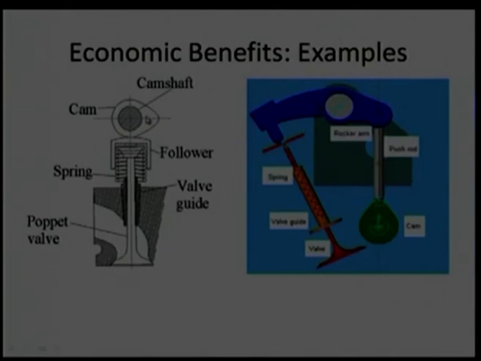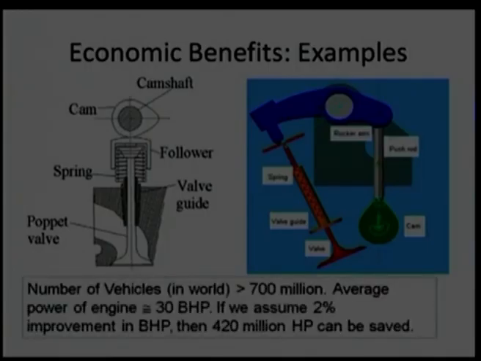Now, that has also been resolved. They are able to provide good lubrication in the inverted, or overhead, condition also. So, if we implement all this, there is a huge saving, and a rough estimation says that the number of vehicles in the world is more than 700 million.